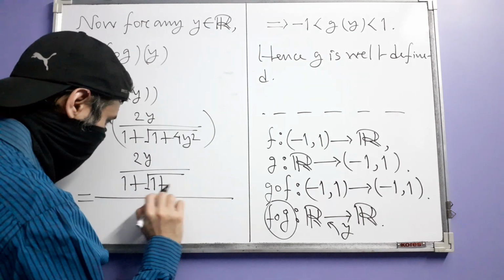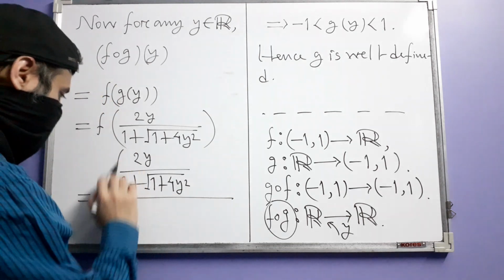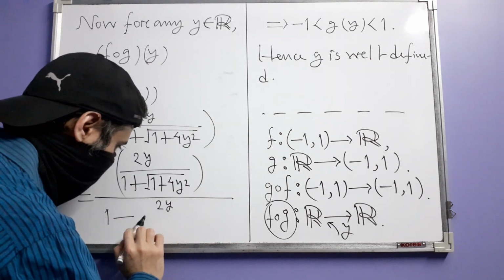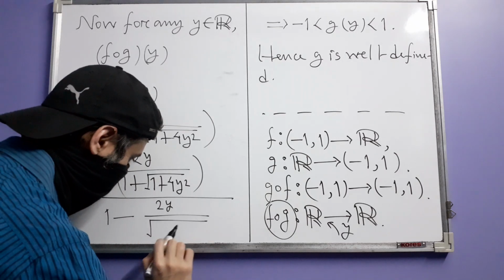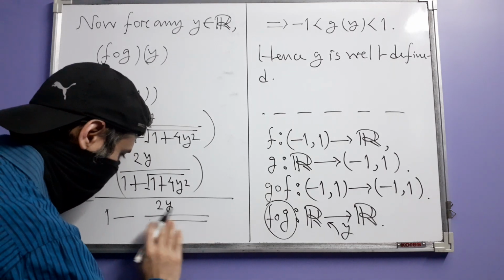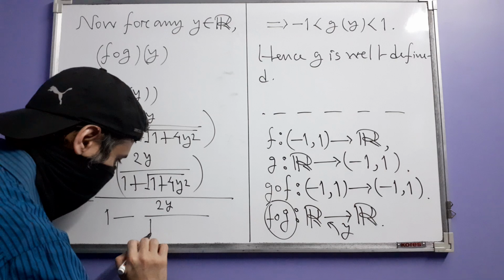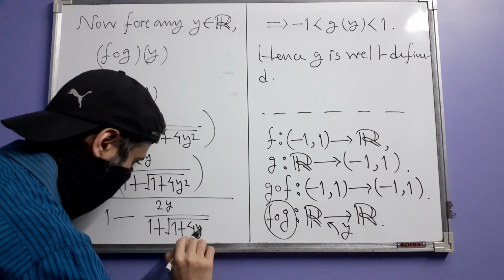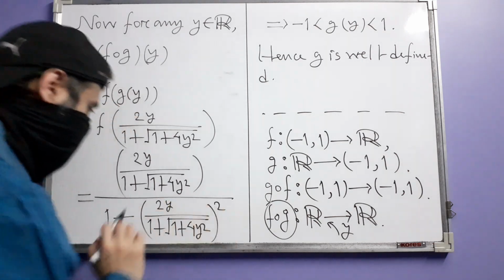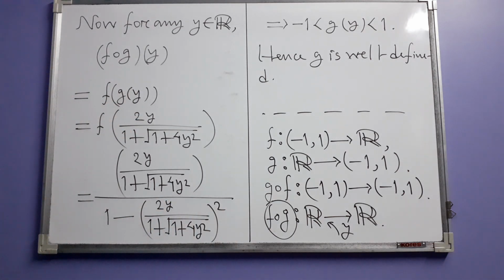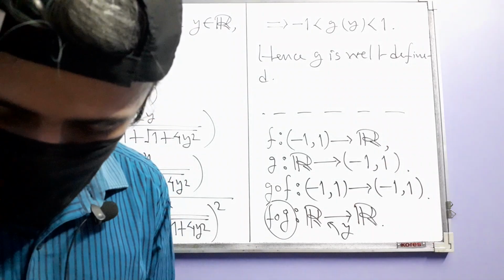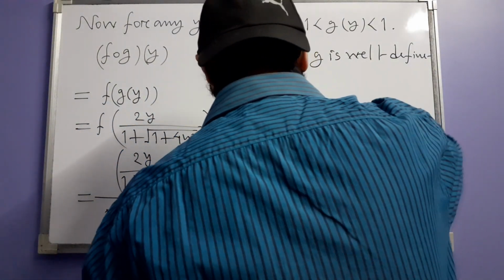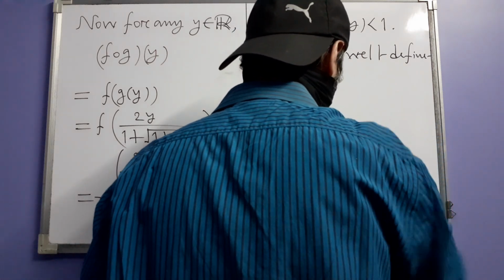So the input itself is this, squared. And of course, after this point it's simply algebra.